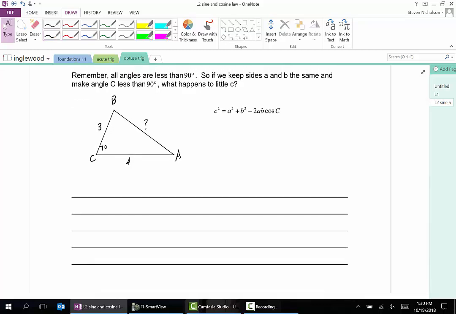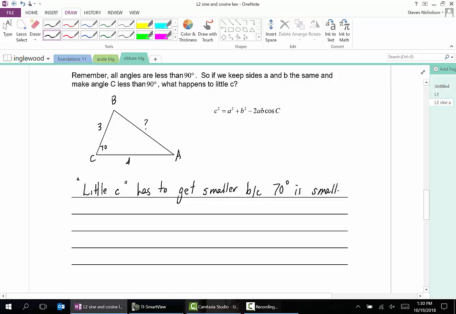Well, little c has to get smaller. So if you imagine bending those two legs on that triangle, what would happen is the side opposite angle C has to get smaller. And again, because 70 degrees is smaller than 90 degrees.